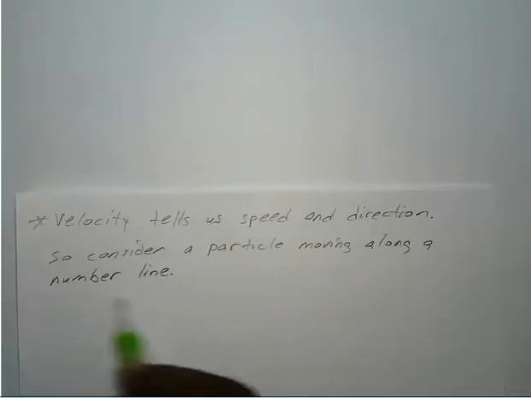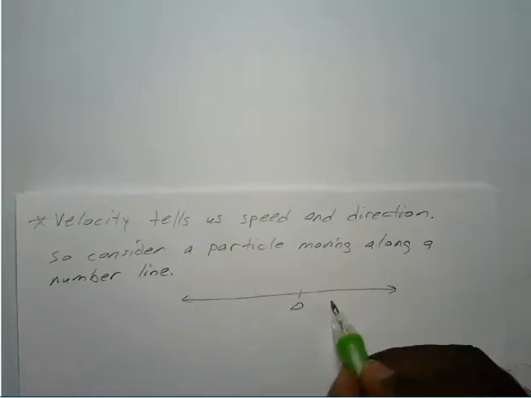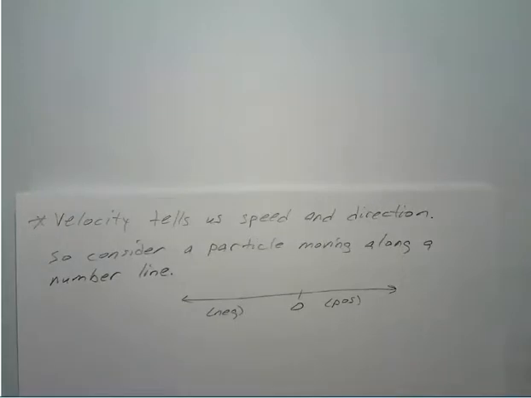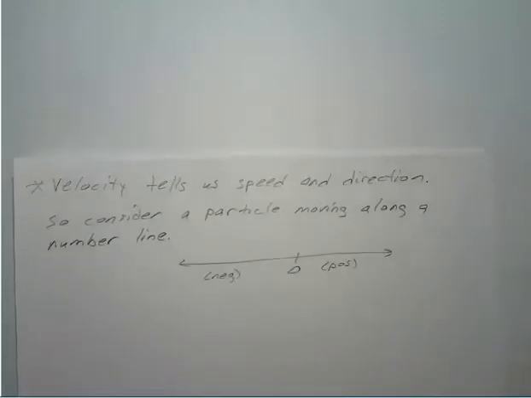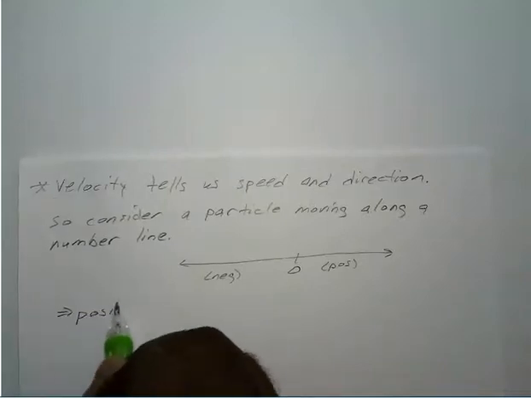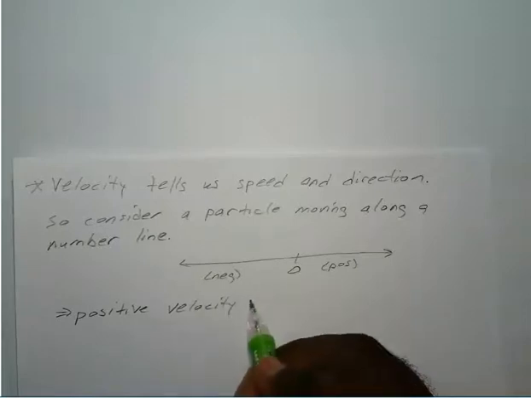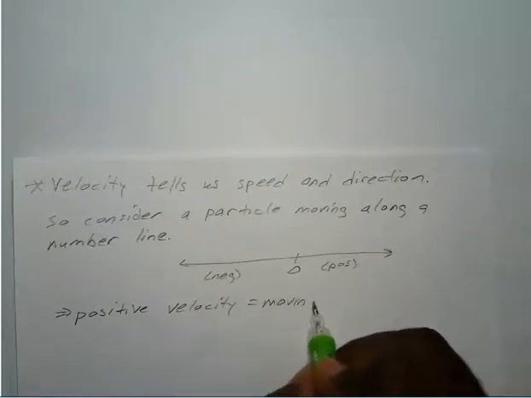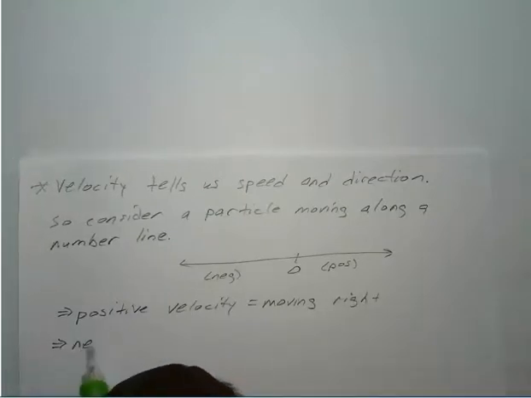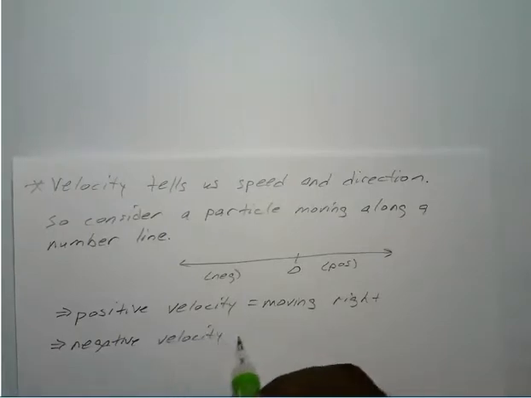Of course on a number line you have 0, then you have your positive values, and you have your negative values. So of course your positive velocity would be moving right, and your negative velocity would be moving left.